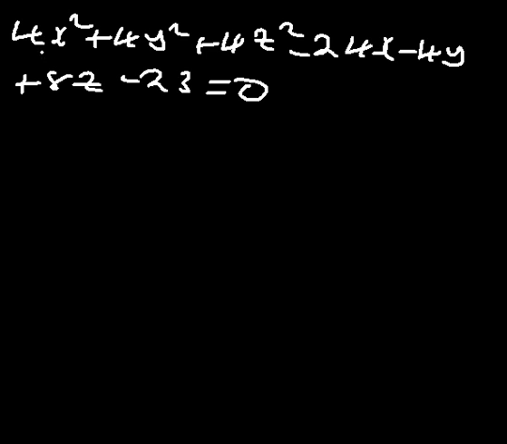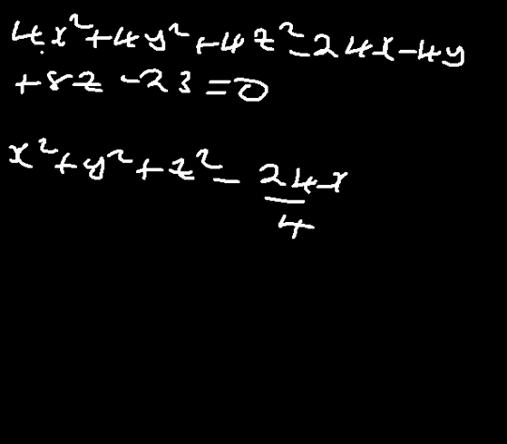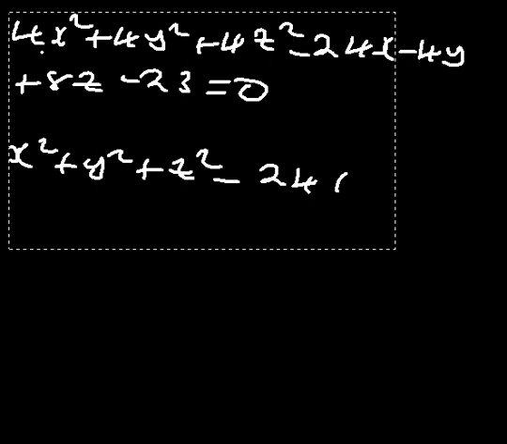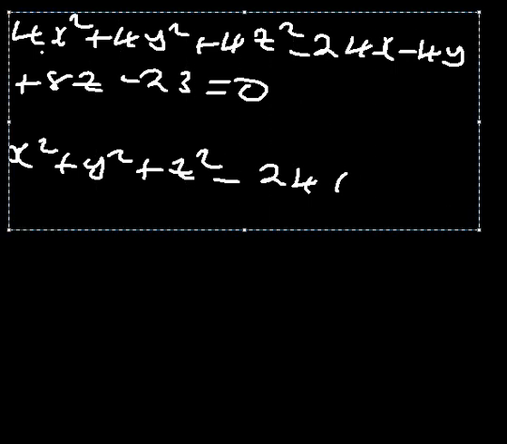So in this case, we'll have x squared plus y squared plus z squared minus 24x over 4. We have to divide everything by 4. From there, you'll be able to get the center as well as the radius of the sphere. So now you get it.